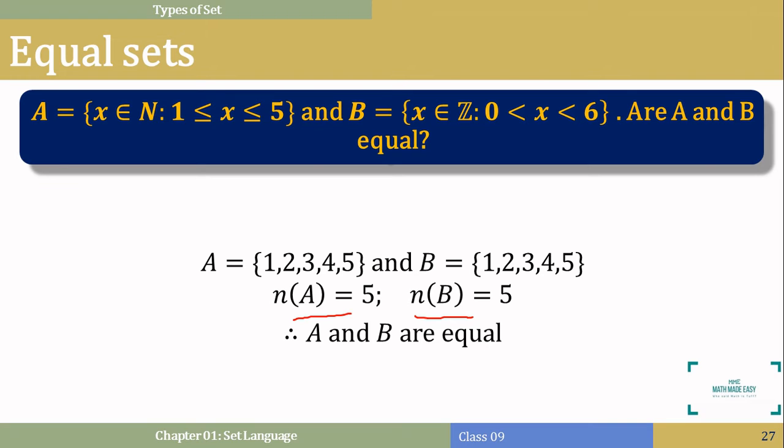These two sets have the same cardinality, so they are equivalent sets, and also they have the same elements, so they are also called equal sets.